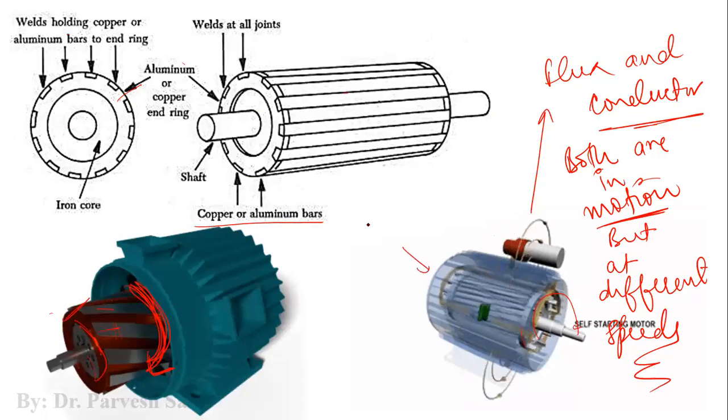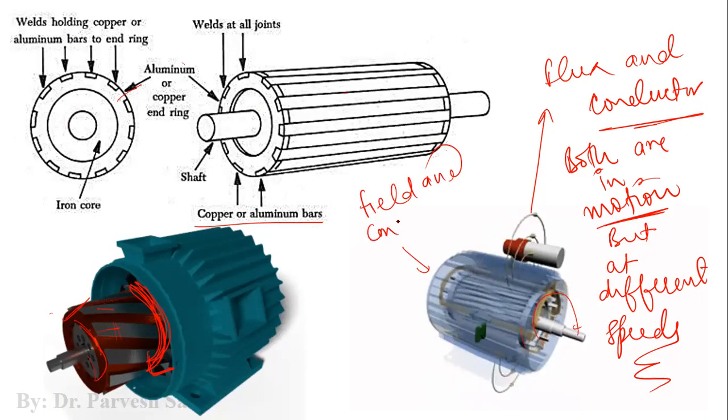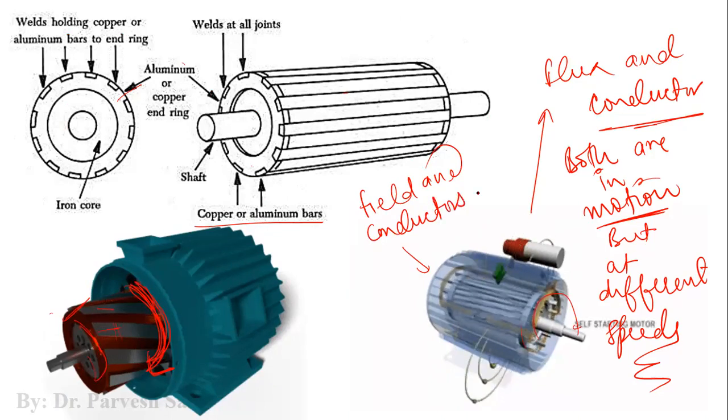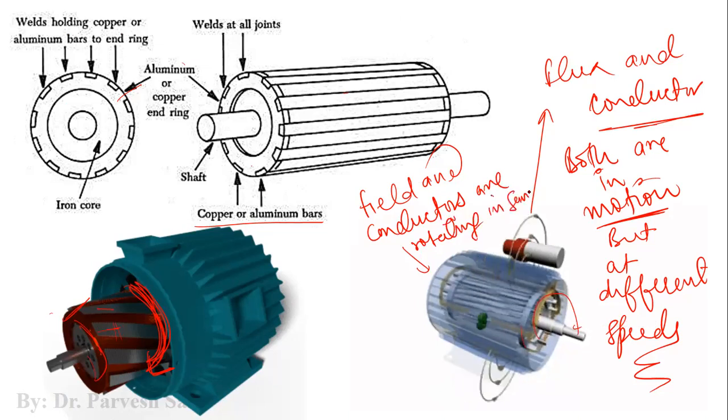Field and conductors are rotating in same direction with different velocities, right?